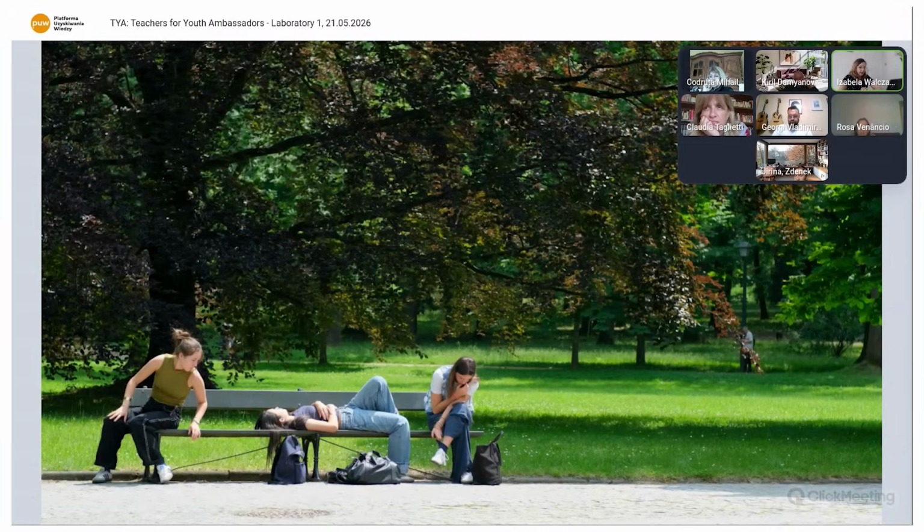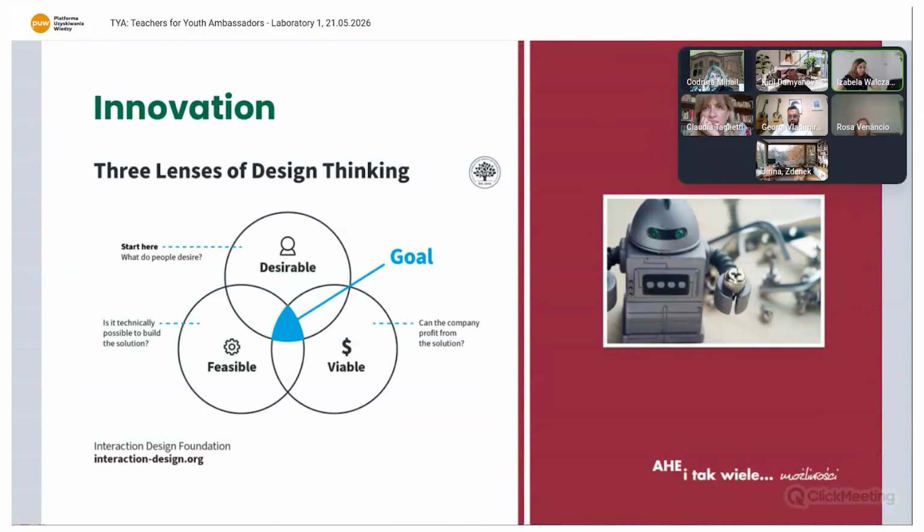So what happens in the design thinking process? It's looking for solutions in the first stage, but then finding the solution: something that people want and actually want, not what I assume they might want. Something that would be doable.